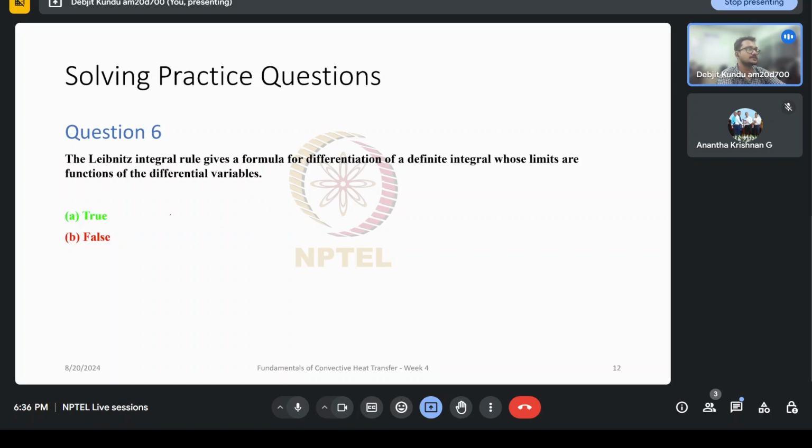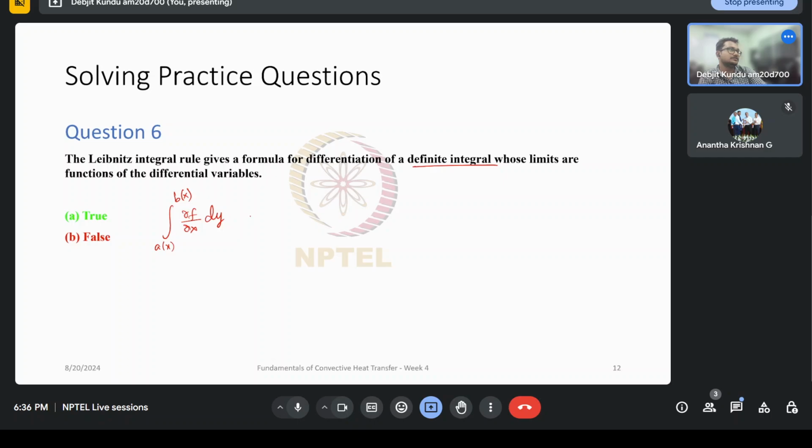What this rule basically tells us is that if I have a definite integral like this, which goes from, let's say, some a to b, where a is a function of x and b is also a function of x, and I have something like this, dou f dou x into dy, and y is a function of this x.